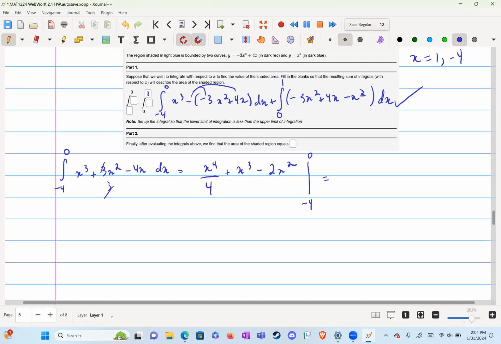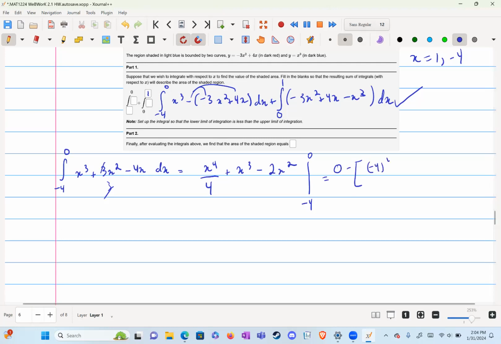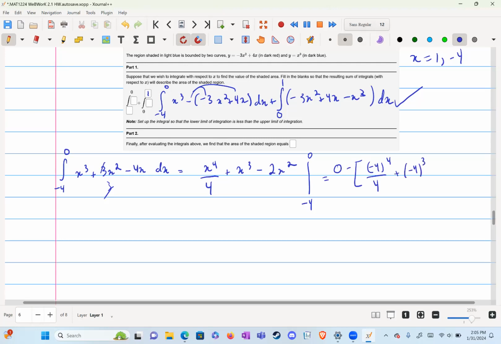And then we put in -4. Or sorry, top minus bottom. So 0 minus, what do we got here? -4 to the fourth over 4 plus -4 cubed, which is going to be 64.